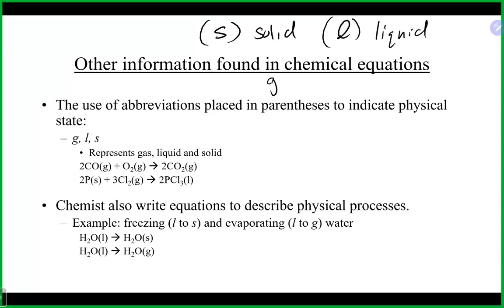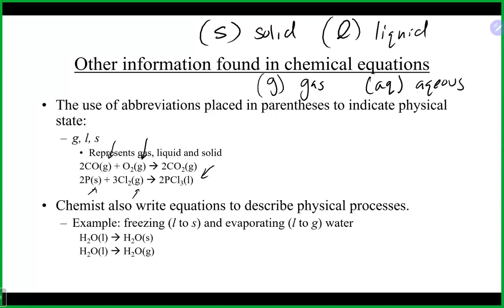You'll see a G, which represents that it is in the gas state. And you will oftentimes see an AQ that represents it's in the aqueous state. It's basically a solution, something dissolved in something like water to make a solution. And those are very common abbreviations that we see in chemical equations. As you can see here, we got some gases going on, we got some liquids and gases and solids.